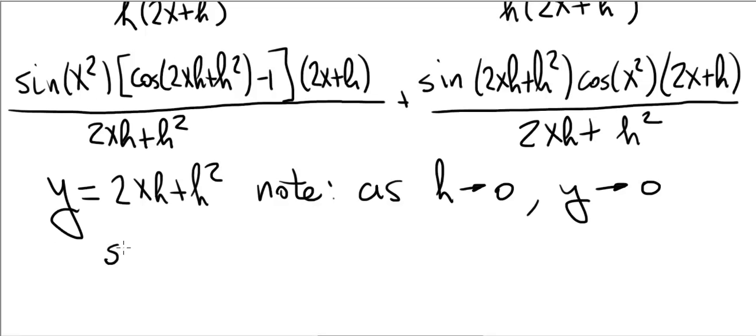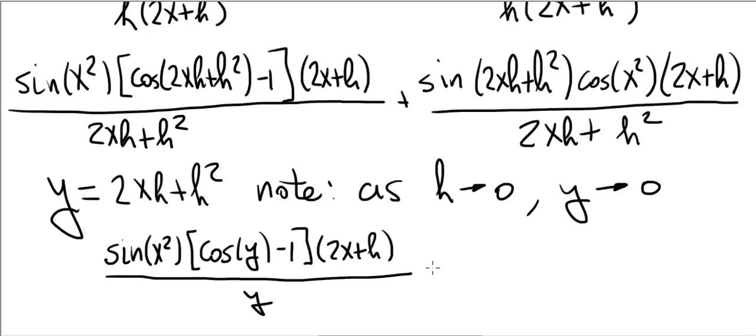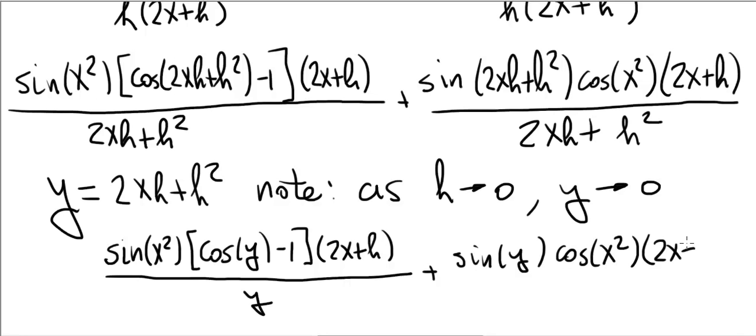The end of step 3 looks like this: sine of x squared times cosine of y minus 1, times 2x plus h, divided by y, plus sine of y times cosine of x squared times 2x plus h, divided by y as well.